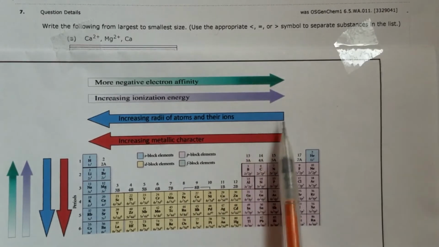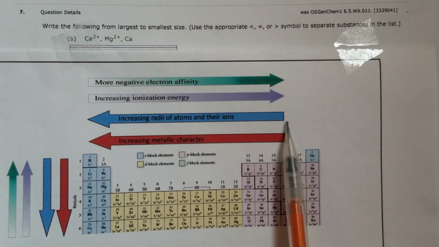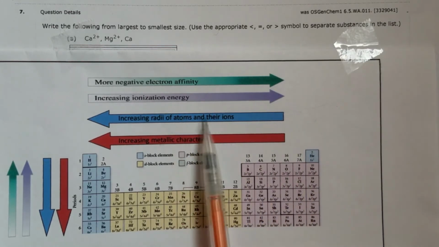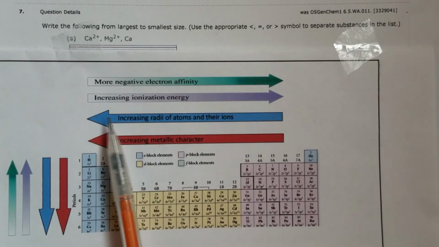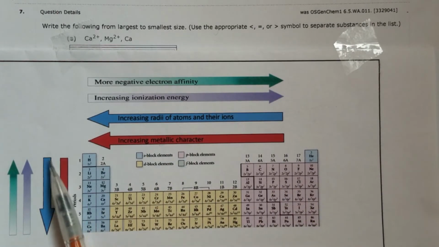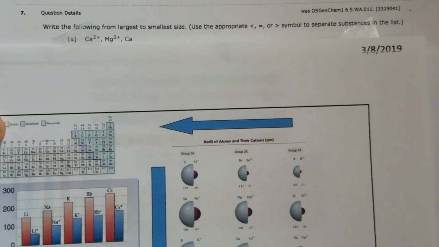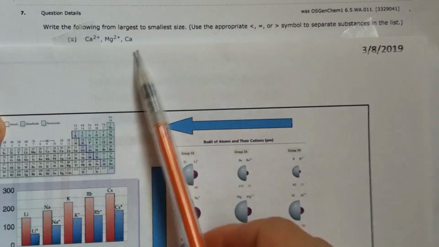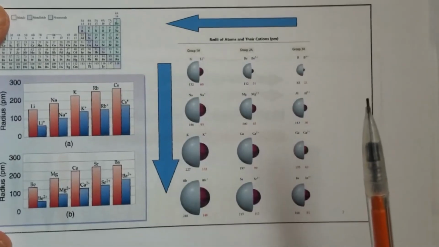Let's take a look at this chart again. The size of atoms or ions again increases from right to left, and increases from top to bottom. But since in this question you have both ions and atoms, we need the help from this chart.